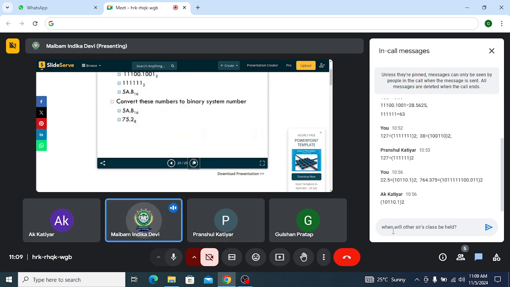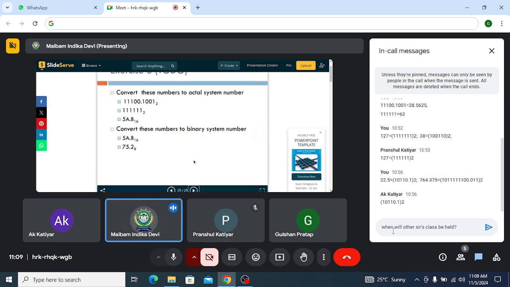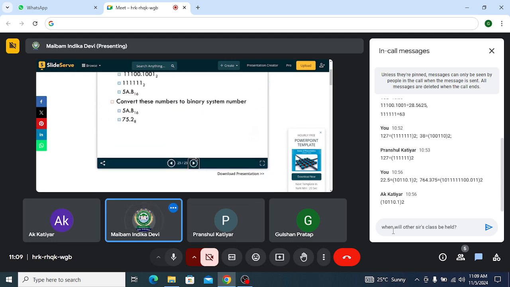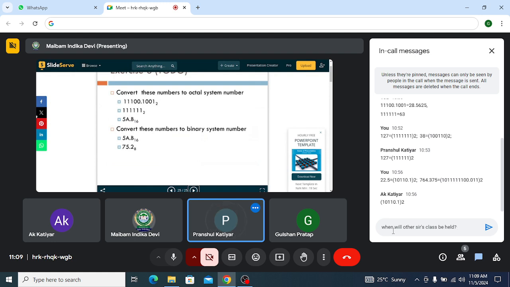Now you can practice. Copy these questions, or I will share the link in WhatsApp. You practice with this. Any doubt we can discuss. So this completes conversion from one number system to another.